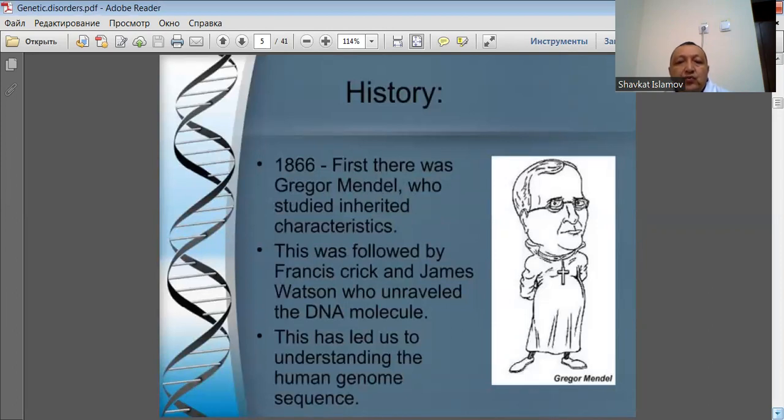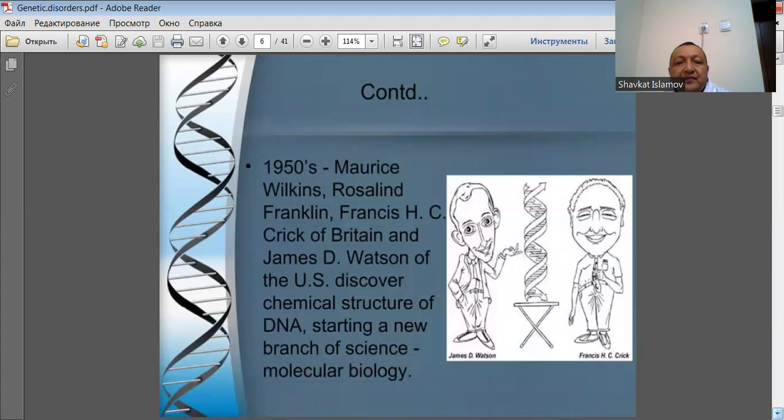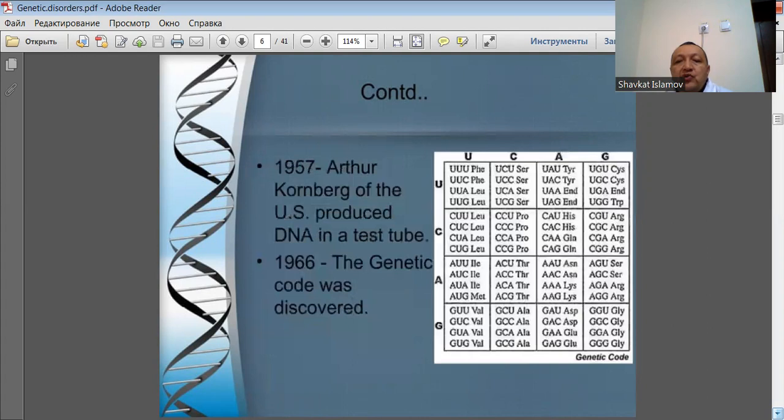This has led us to understand the human genome sequence. In the 1950s, Maurice Wilkins, Rosalind Franklin, Francis Crick of Britain, and James Watson of the USA discovered the chemical structure of DNA, starting a new branch of science, molecular biology.